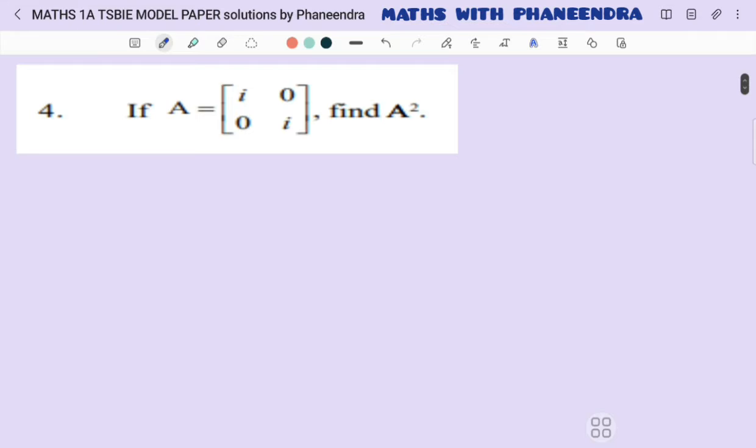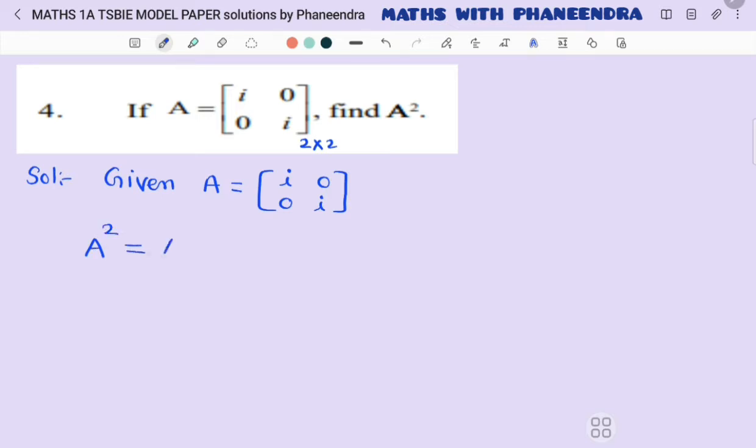If A equal to [i, 0; 0, i], a 2 by 2 matrix, 2 rows are there, 2 columns are there. They are asking to find A square. So first step is the given matrix, A equal to [i, 0; 0, i]. So A square they are asking. So A square means what?